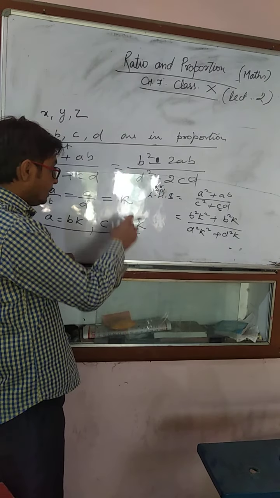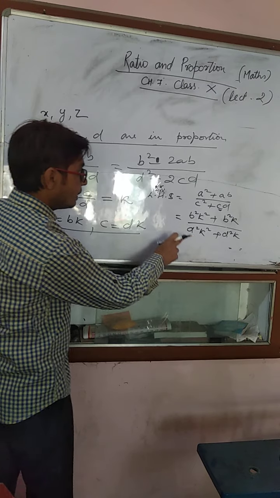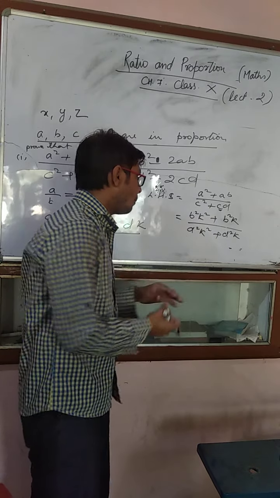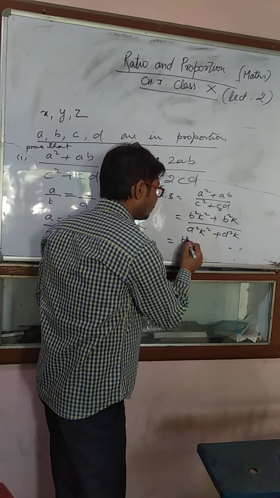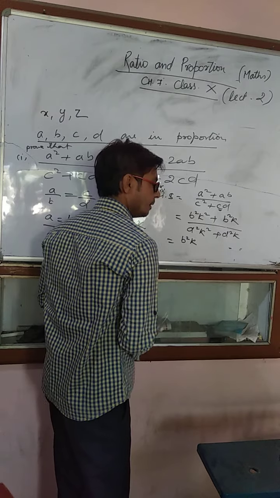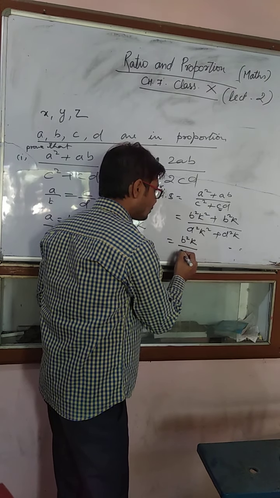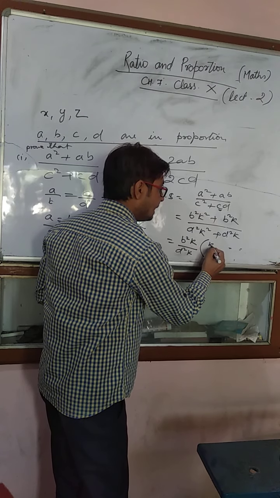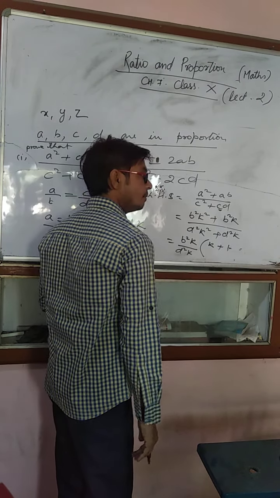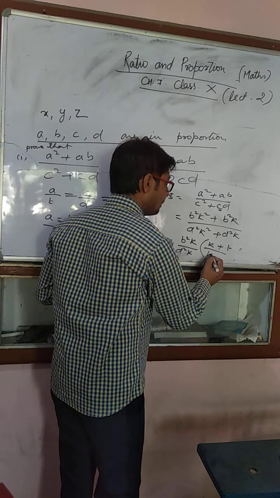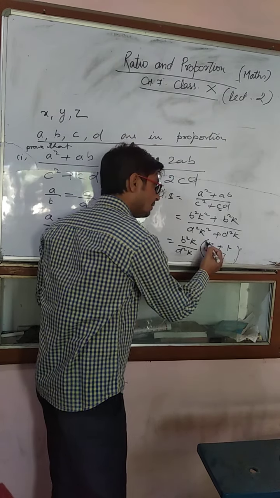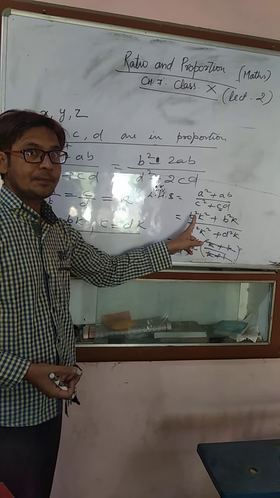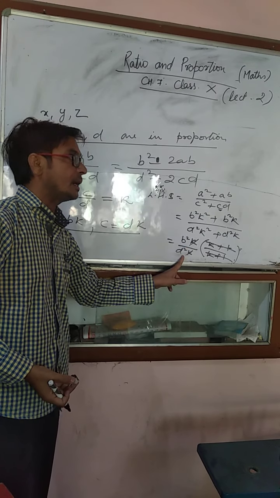Now take out common b square k, and here d square k, and k plus 1. Now cancel out these and these. Your answer is b square upon d square.